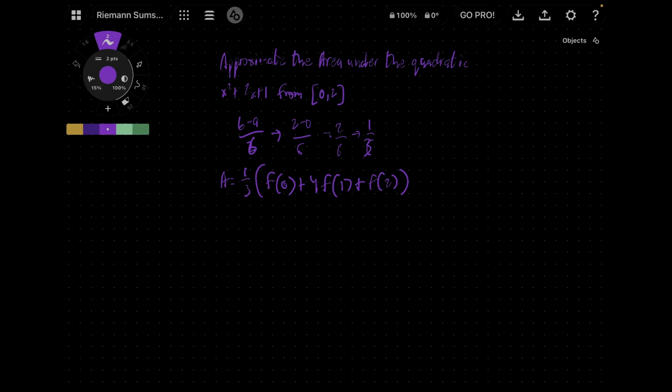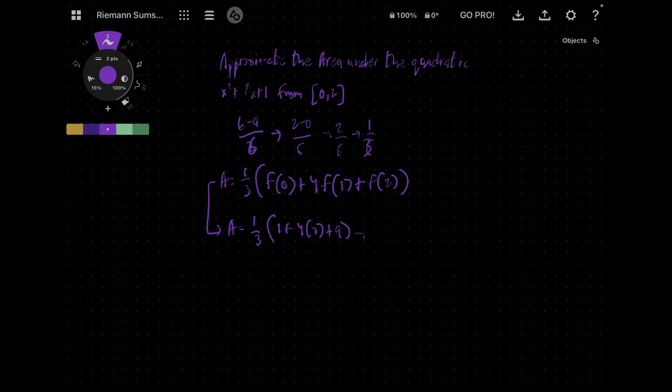Now we can just start evaluating. This is very simple. We get 1/3, f of 0 is equal to 1, plus 4 times f of 1, which is 4 multiplied by 4, and then plus f of 2, which is equal to 9.